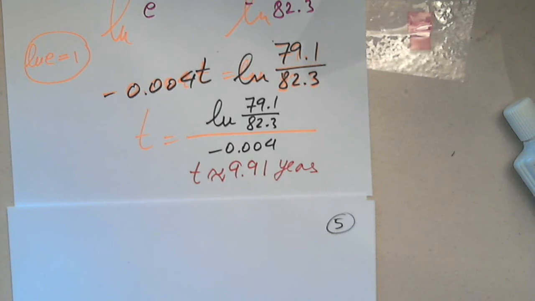Okay, so let's look now at an exponential growth model, and then I would like to talk about half-life of a radioactive substance. I should have not closed the book.